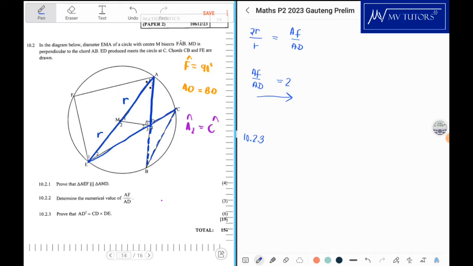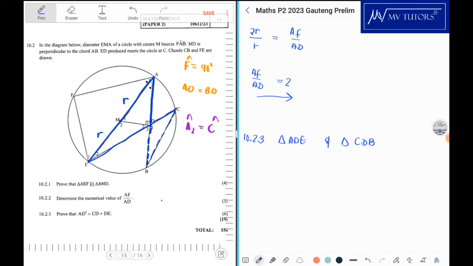Okay, so let's have a look at triangle ADE and triangle CDB. But I don't know if what I've written is in the correct order.